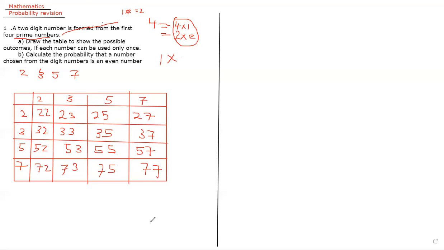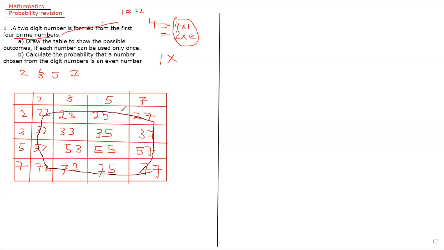So we will ask ourselves, what are the possible outcomes? How many numbers do we have inside here? So we just count these numbers that we have here, all of them.